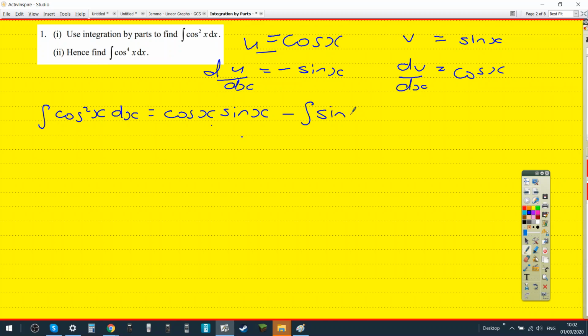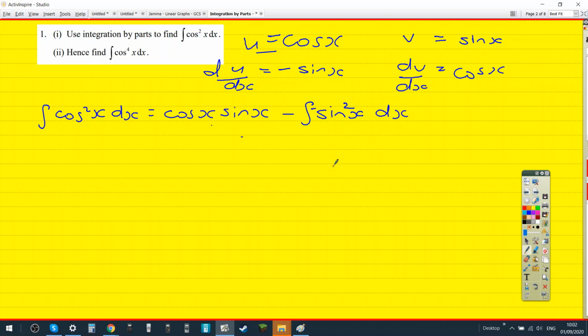Hang on. Minus sine squared x. No, like sine x multiplied by minus sine x. And so it's just minus sine squared x.